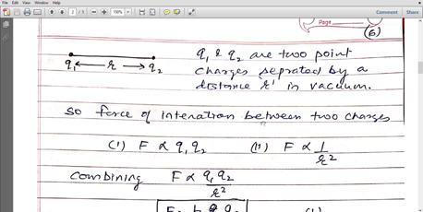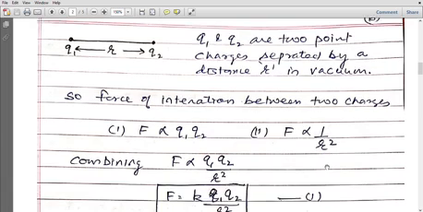The force of interaction between two charges, F, is directly proportional to the product of the magnitudes of the two charges, but inversely proportional to the square of the distance between them. The distance between the two charges is R, so this force is inversely proportional to R square.